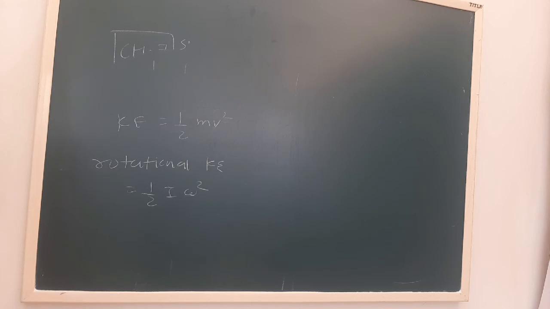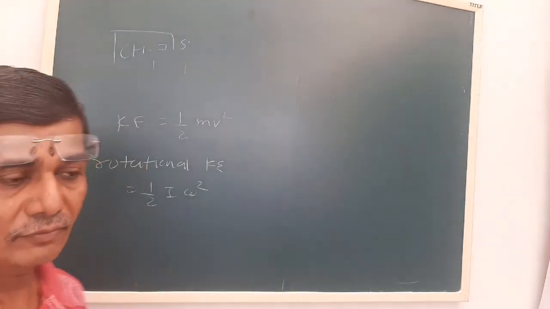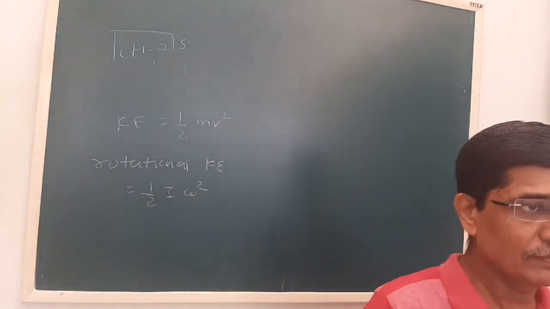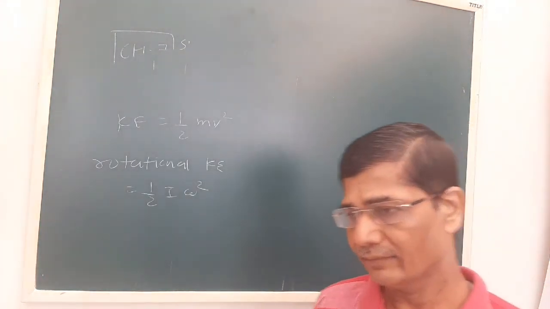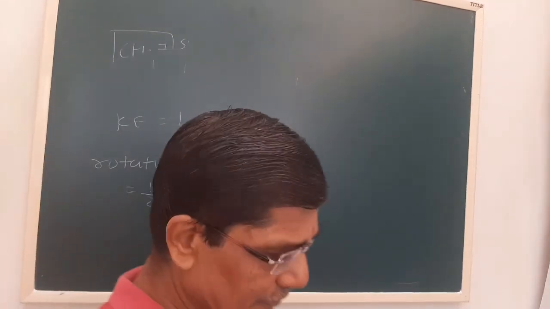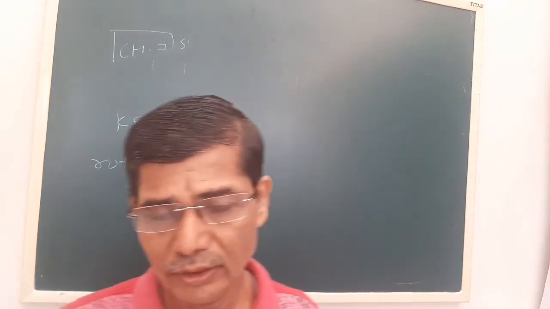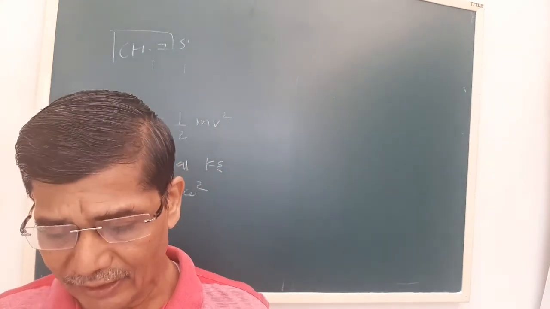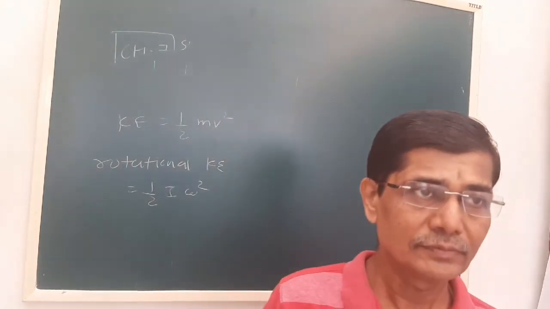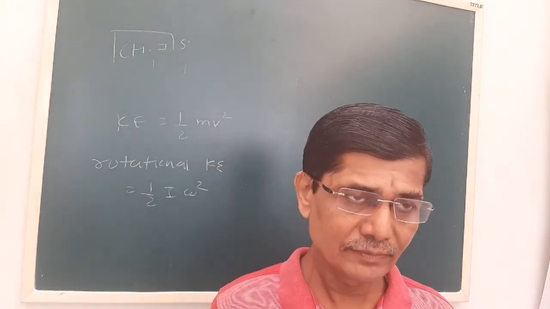The value of moment of inertia depends on the distribution of mass and the selection of the reference axis. So this is about moment of inertia. In the next lecture we will see how the value of moment of inertia varies for different geometric shapes.